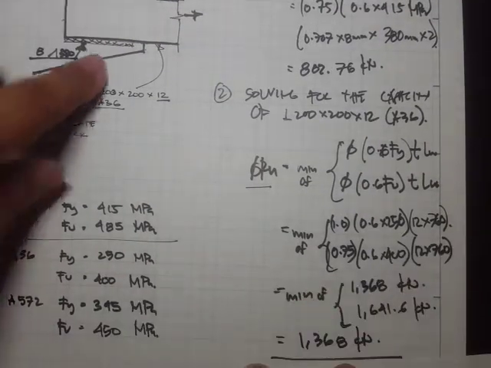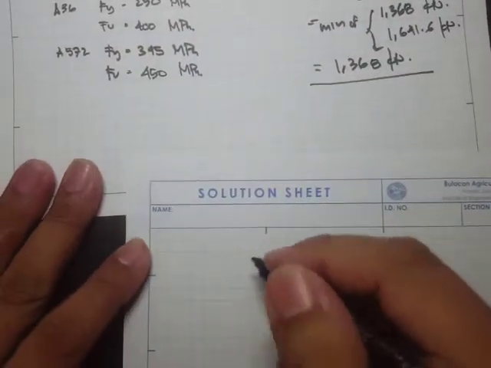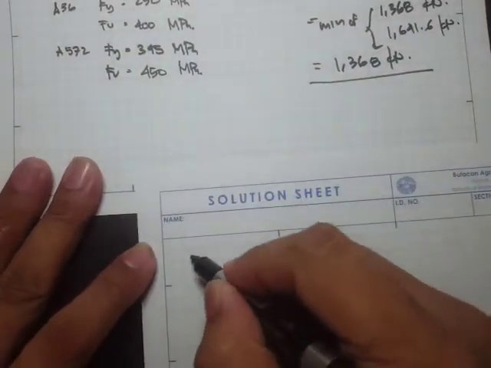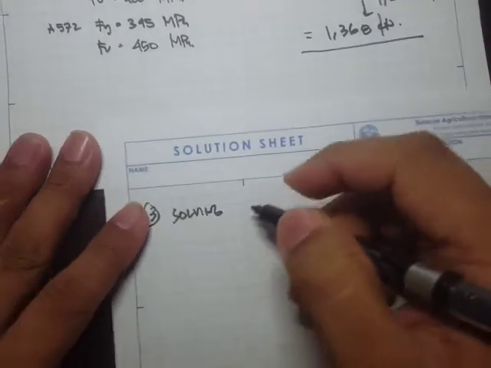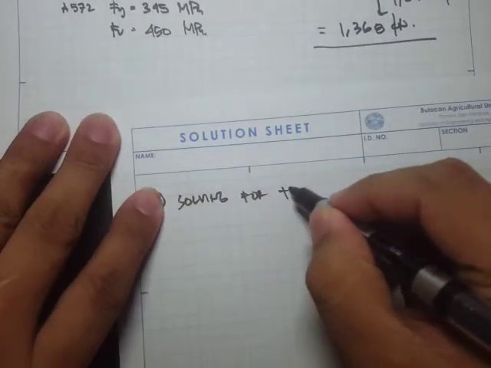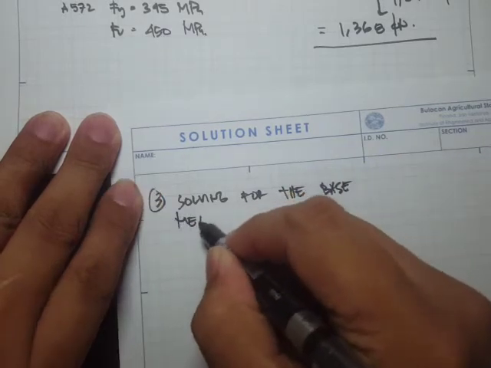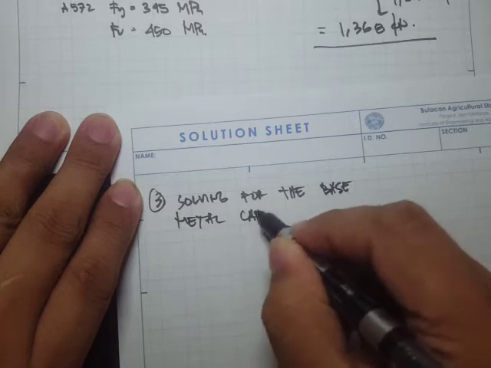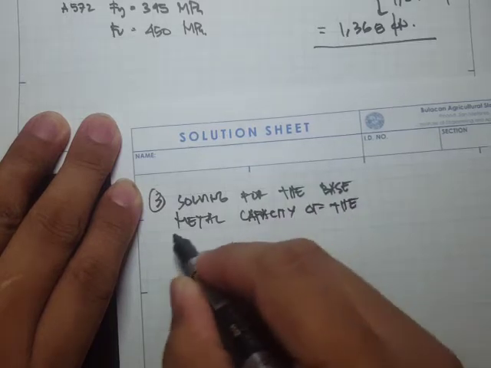The next step is to solve for the base metal capacity of the gusset plate. Let's write it here: 3, solving for the base metal capacity of the gusset plate.